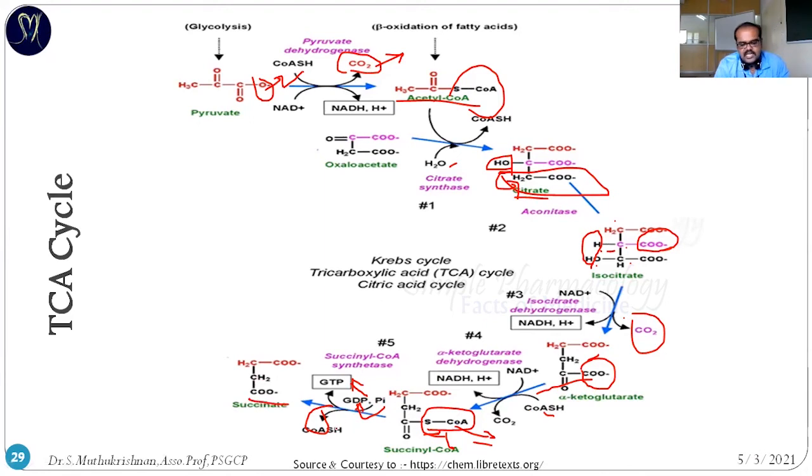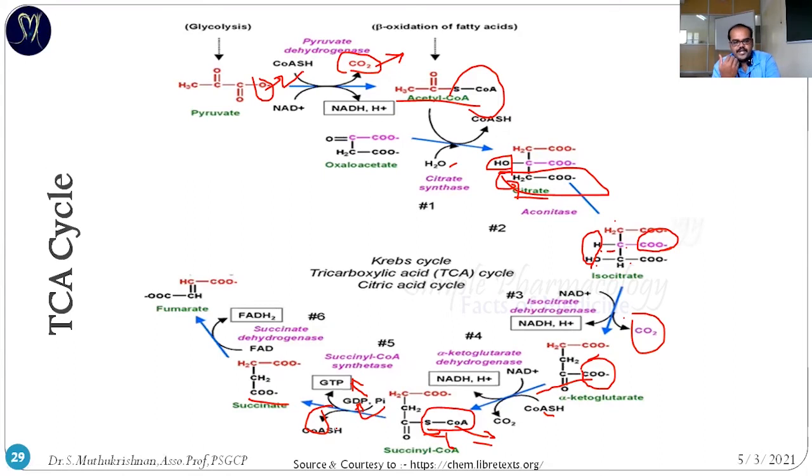Now the succinate is converted into fumarate. Once again, dehydrogenation is going to happen. With the help of succinate dehydrogenase enzyme, it's converted into fumarate. Here the structural difference is the same: one hydrogen has been removed, so it's CHCOO, and here also it's converted into CH and COO.